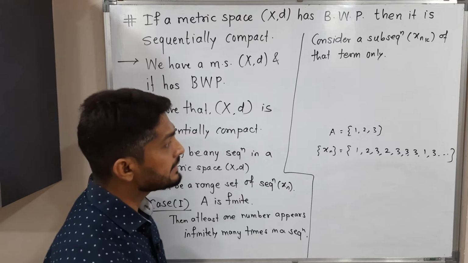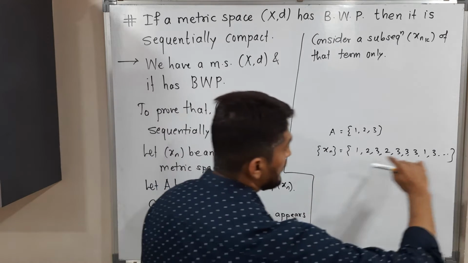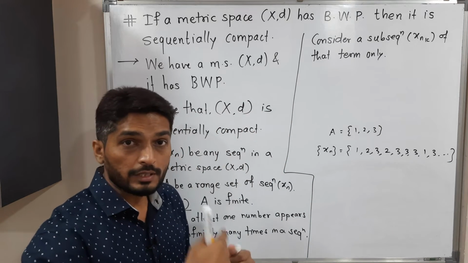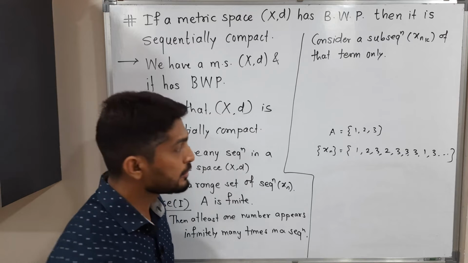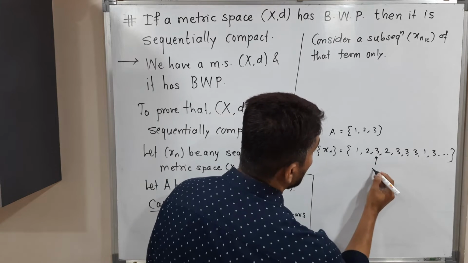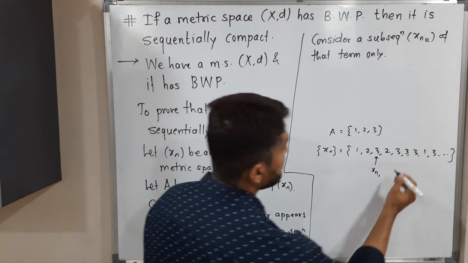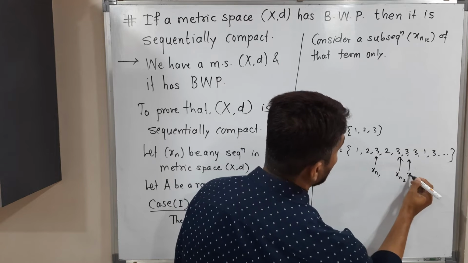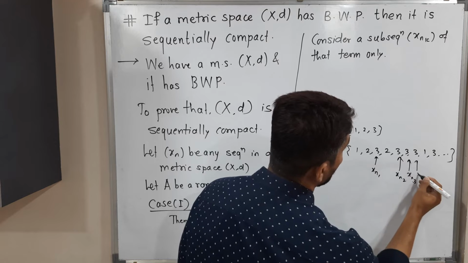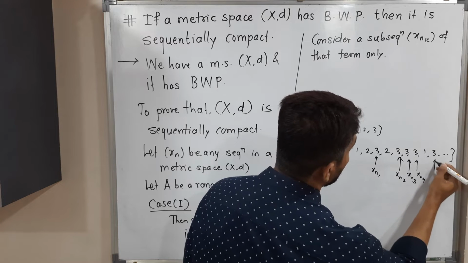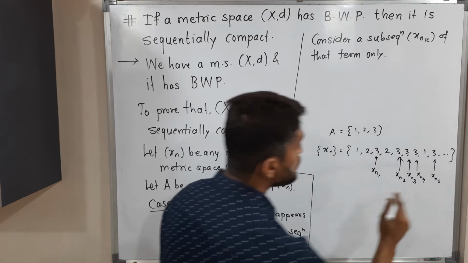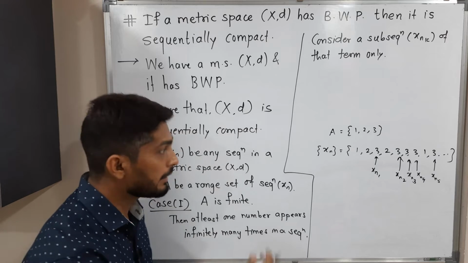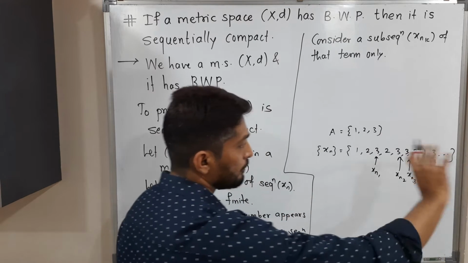So in this example, you know that this is a sequence in which 3 is appearing infinitely many times. So let me call it Xn1, let me call it Xn2, this is Xn3, this is Xn4, this one is Xn5. That means I am choosing only 3 and I am forming a new sequence from those elements.